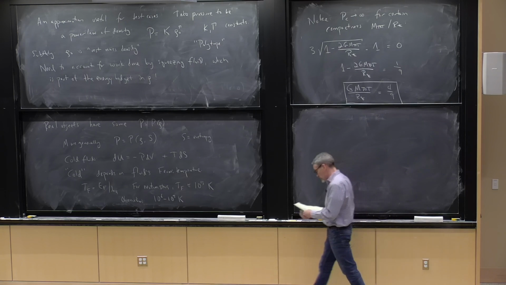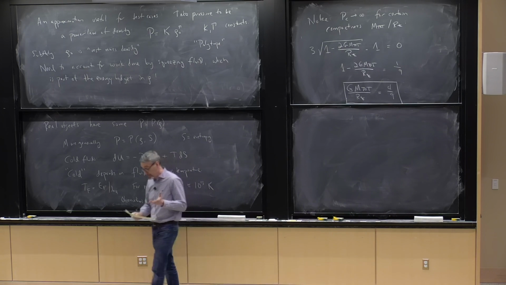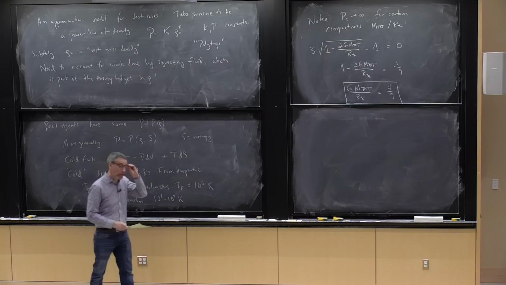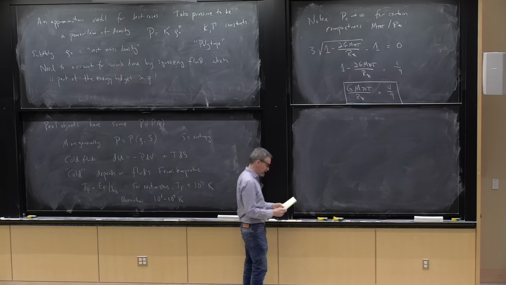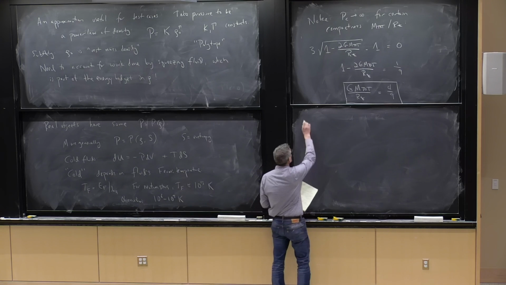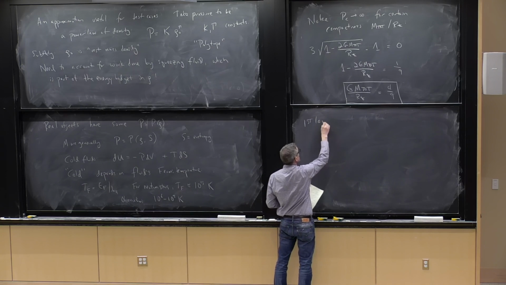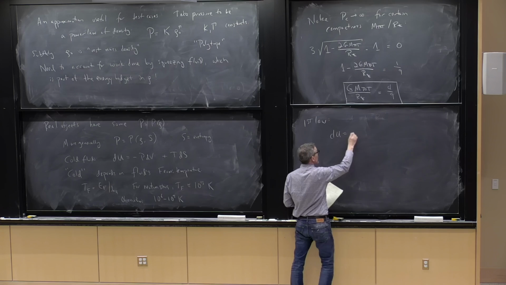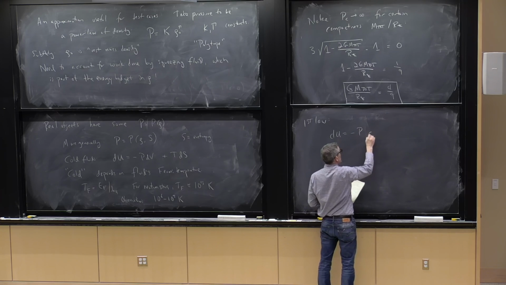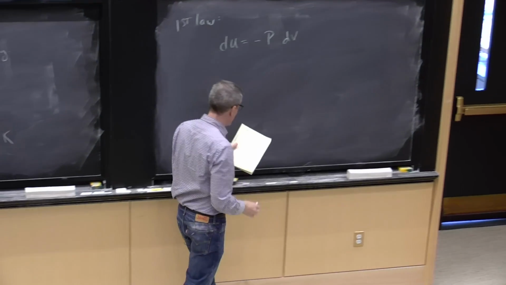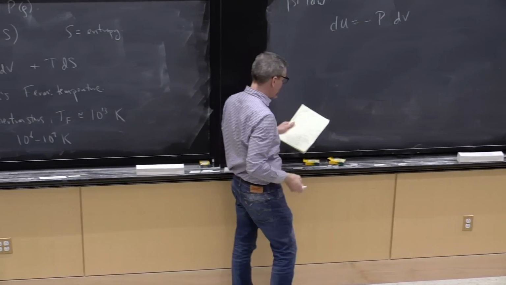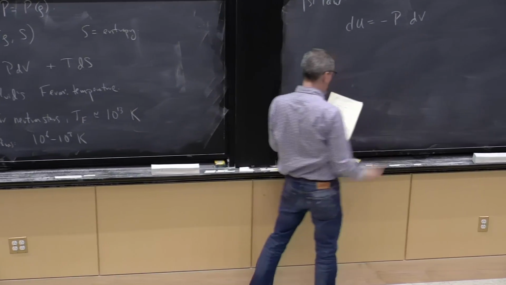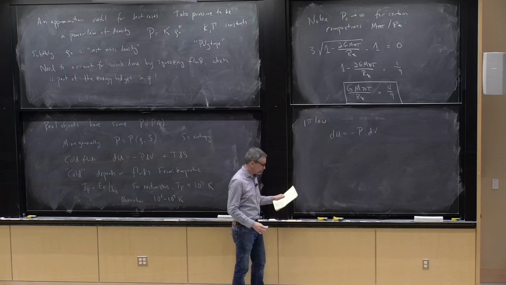So we're going to use the first law of thermodynamics in a form in which I've written it a couple times. Interestingly, it showed up in our cosmology lecture. So my first law tells me du equals minus pressure dV. So this is my total energy in a fluid element, and this is the work done on a fluid element.